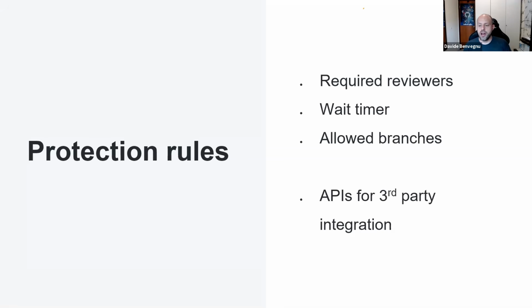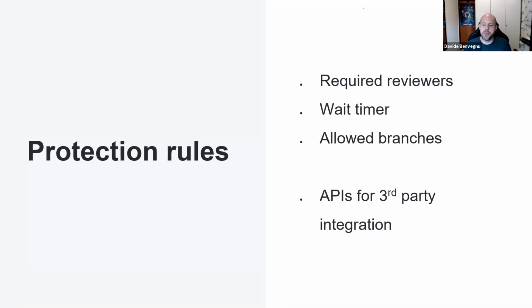These also allow for third-party integrations via APIs to simulate what, for example, Azure DevOps does with the gates. With the gates, you make sure that the application is deployed correctly, or you have other tools that can integrate in that. Same thing for the protection rules in GitHub.